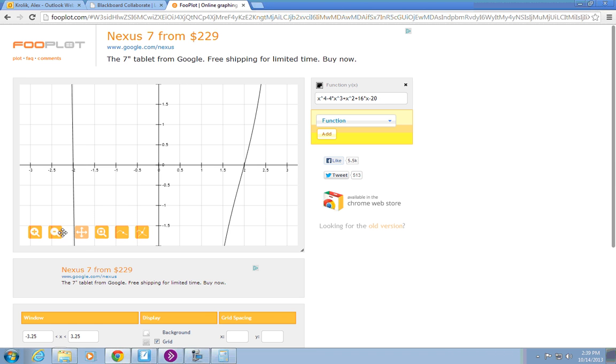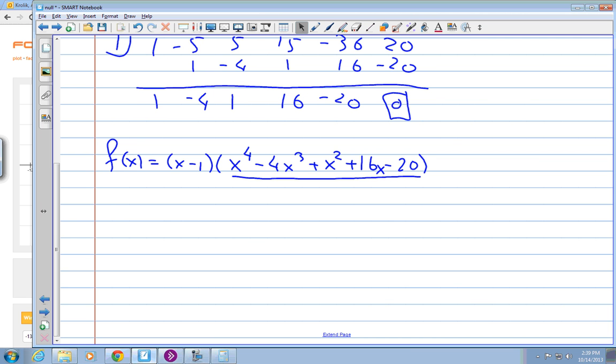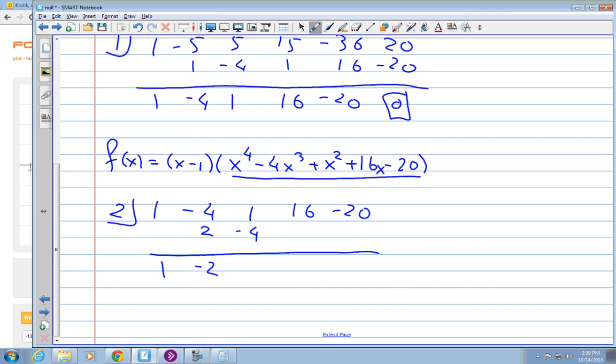So let's run 2 through this, so we can find the rest. I need to take this quotient and run 2 through it: 1, negative 4, 1, 16, negative 20. 2 is on the list. So 1, 2, negative 2, negative 4. Am I doing this right?